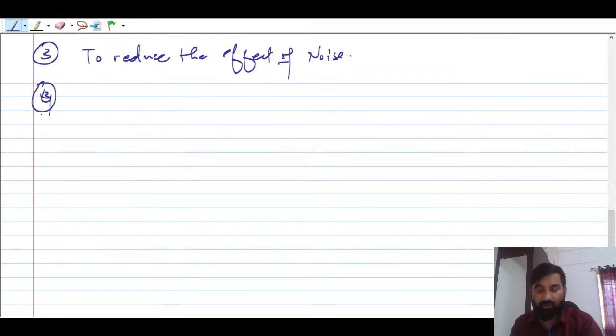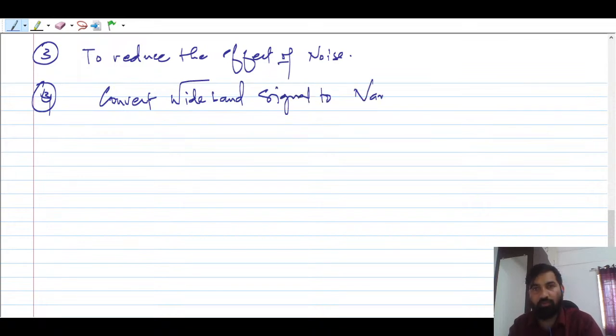Another is to convert a wideband signal into a narrowband signal.